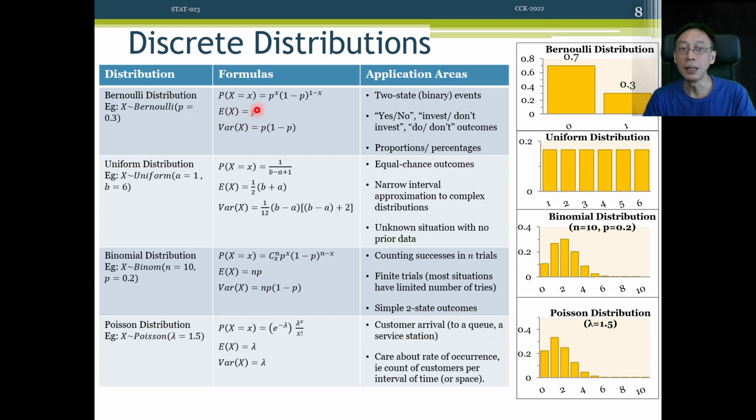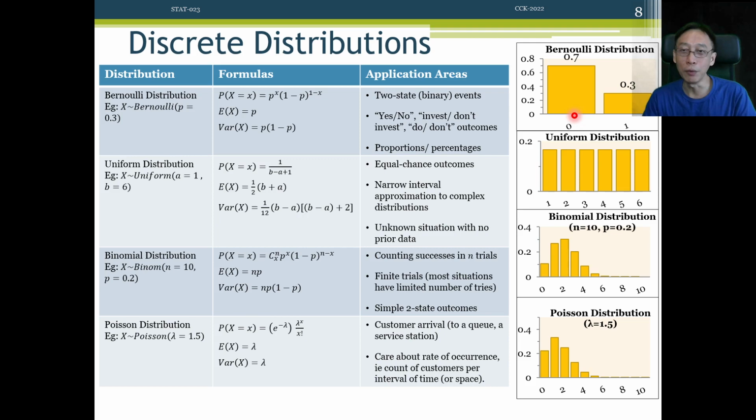So interestingly, the mean of this Bernoulli distribution is the height of the one here rotated down, right? So the height becomes the x-axis and the mean is 0.3.